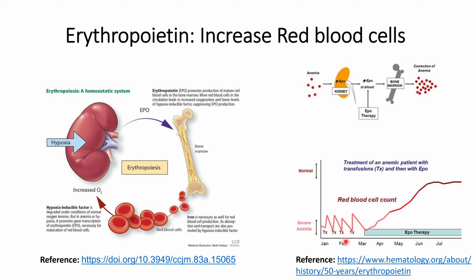In transfusion, we inject red blood cells, whereas in epotherapy, we inject erythropoietin, or erythropoietin made from recombinant DNA technology.